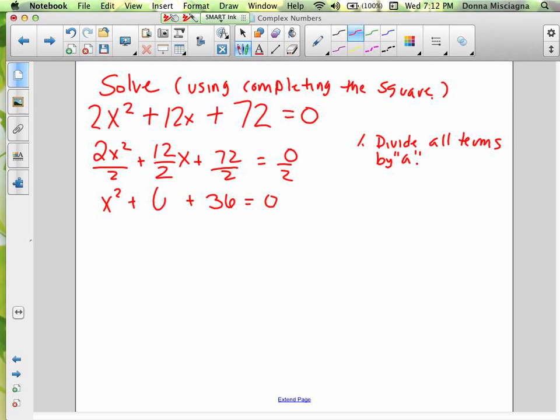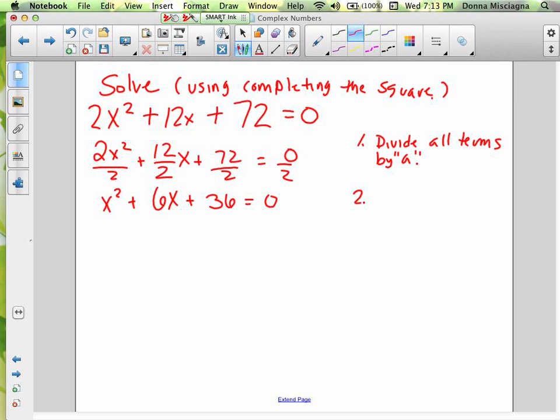If I make up the problem, I reserve the right to change it. Let's keep it even instead, because it's just a tad easier to solve when b is even. All right, so let's make that solve 2x squared plus 12x plus 72. And we divide by 2, we have x squared plus 6x plus 36 equals 0.